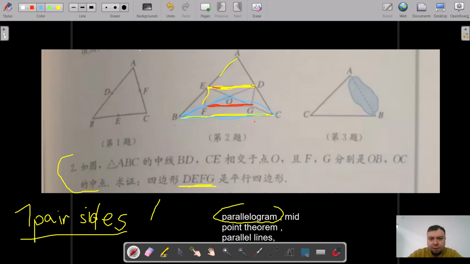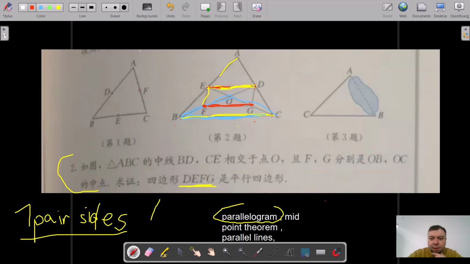Therefore, we can say that FG is parallel to BC because we see another midpoint here, that's one, and that one. E and D are midpoints of ABC, but F and G are midpoints of BOC as well. Therefore, they are parallel, and this is already one pair.